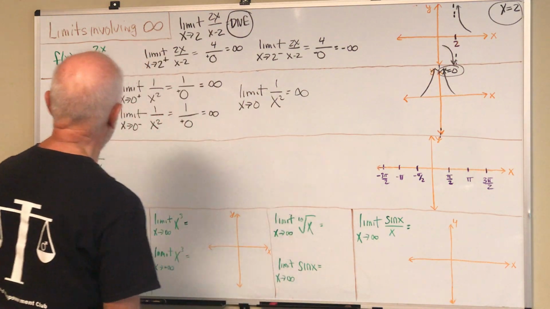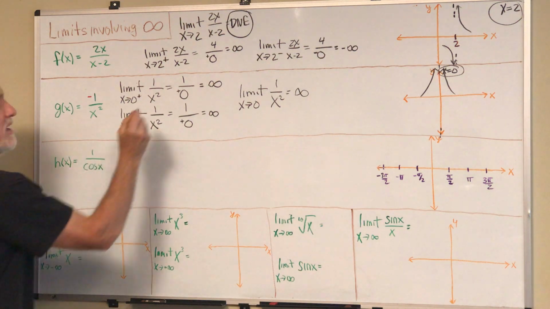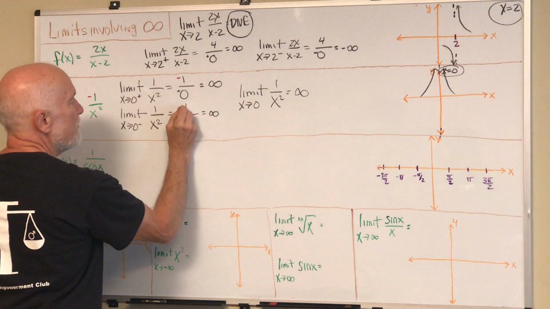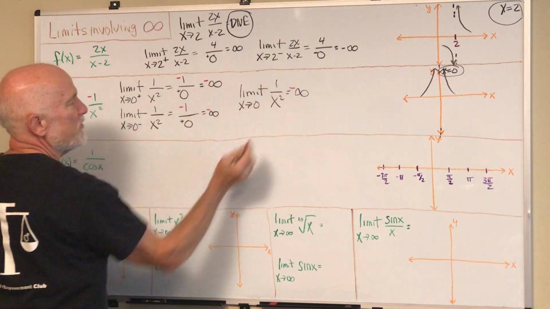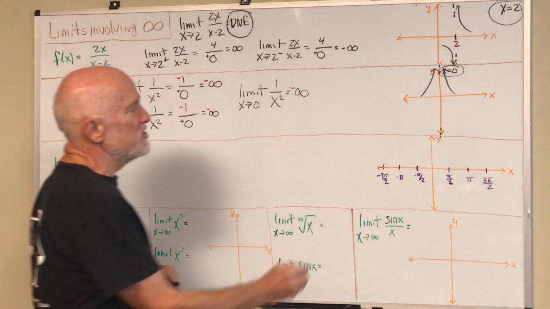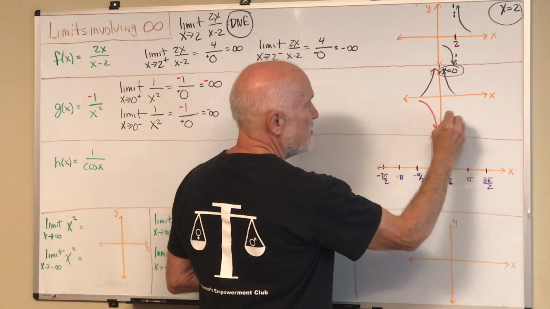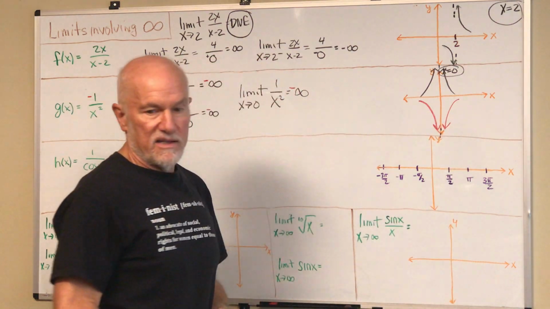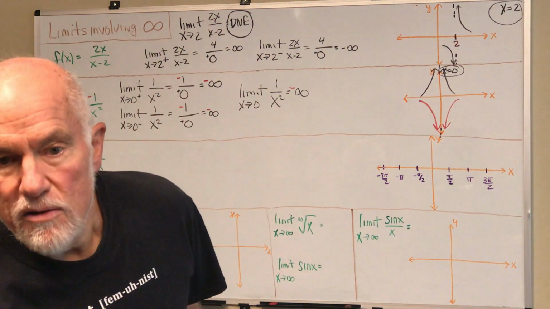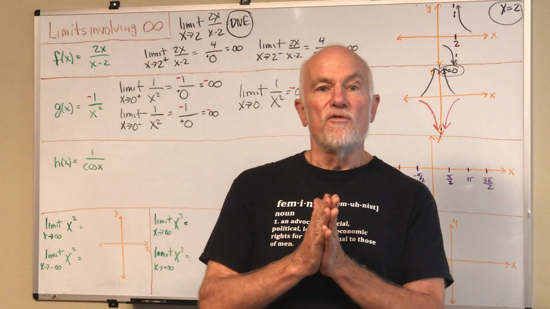And by the way, if this was negative 1 over x squared, the only difference is these would all be negative infinity. So we could see the function negative 1 over x squared, at 0 anyway, would be going down like that. So we've got different possibilities when we have a vertical asymptote.